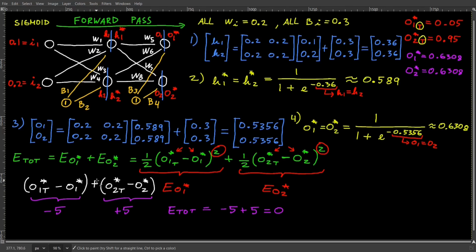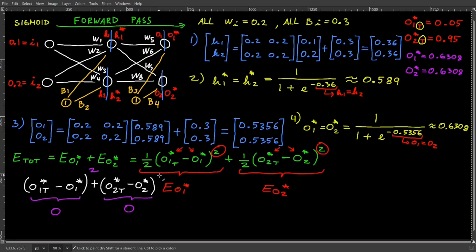But that's not good for me, because what I need is for this guy to approach this guy, and this guy to approach this guy. In other words, I need this difference to be 0, and this difference to be 0.